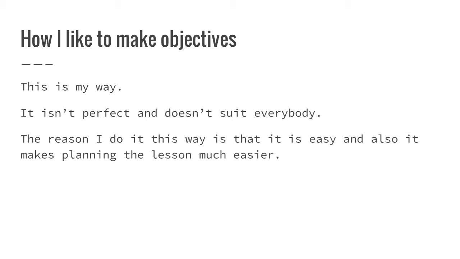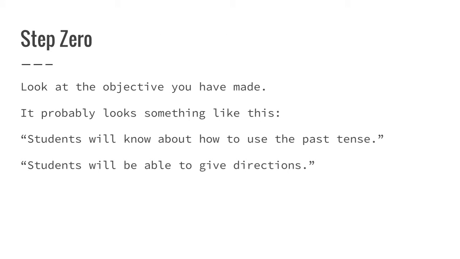Also, the reason I do it this way is it's really easy and fast. So lesson planning shouldn't be difficult. It shouldn't be something you spend a lot of time doing. So you want an efficient, clean, fast way of making a lesson. So step 0, kind of before the first step, is have a look at any objective you've already made.